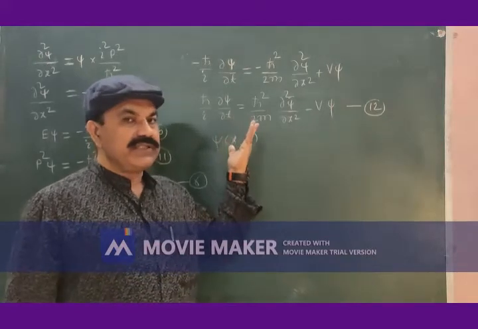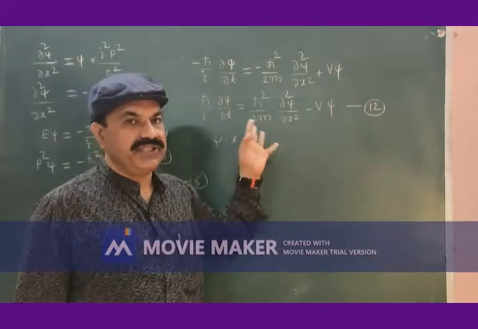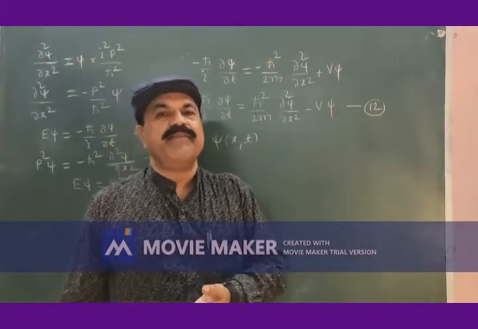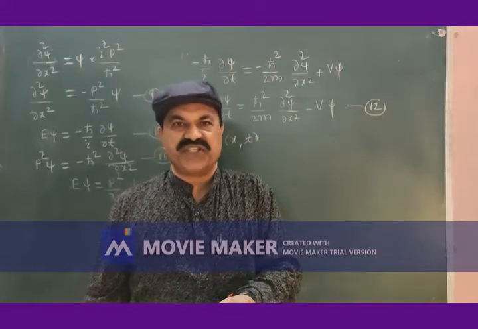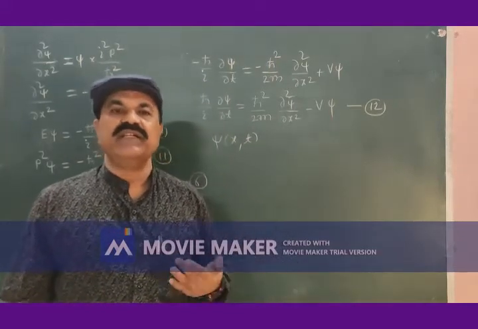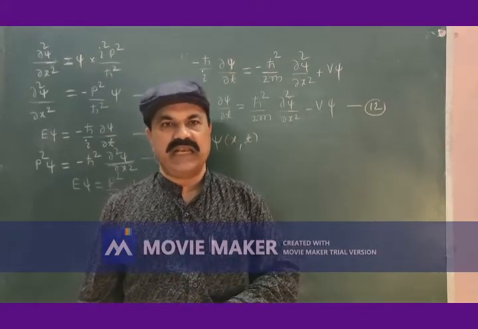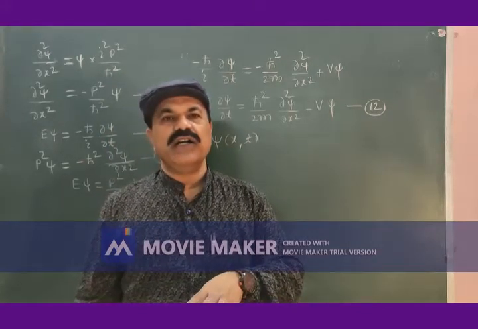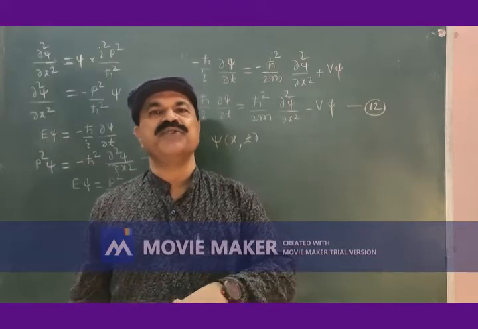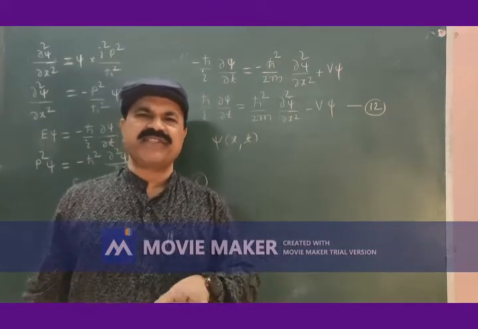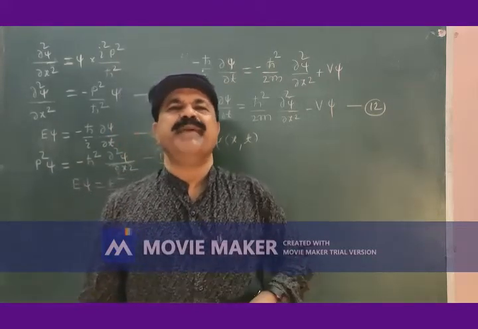As we derived here the one dimensional time dependent form of Schrodinger equation, we can also derive the three dimensional Schrodinger equation in time dependent form.